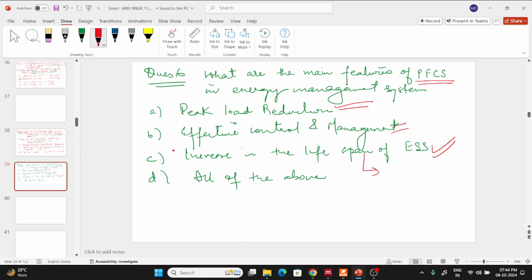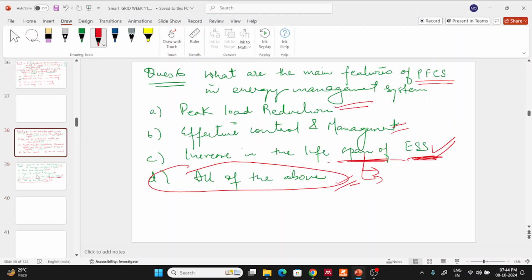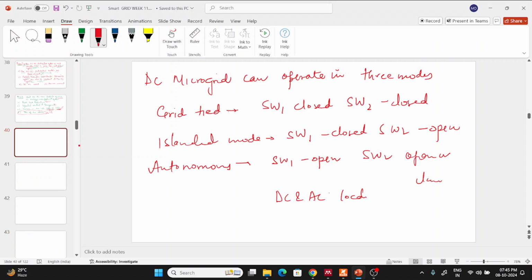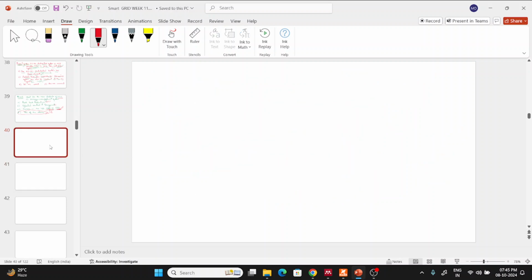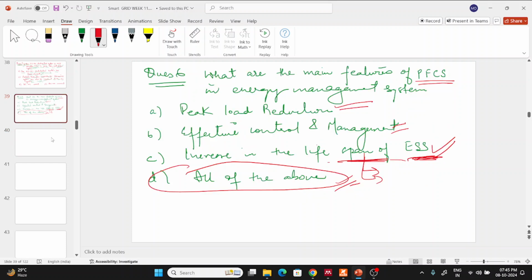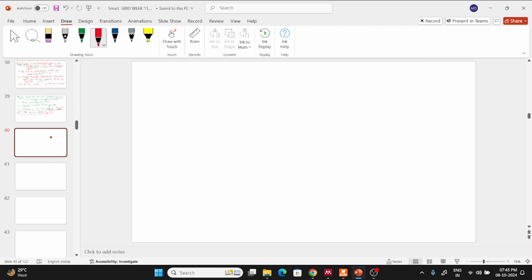The reason is that it will not lead to overcharge and deep discharge of the energy storage system. So the correct answer will be D, which is all of the above. Okay? The energy storage system is not allowed to overcharge and not allowed deep discharge, due to which the life span of the energy storage system increases. No idea what's happening.